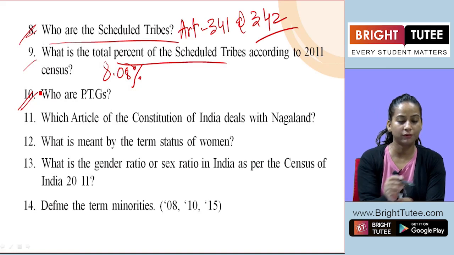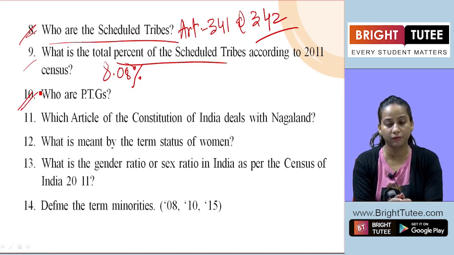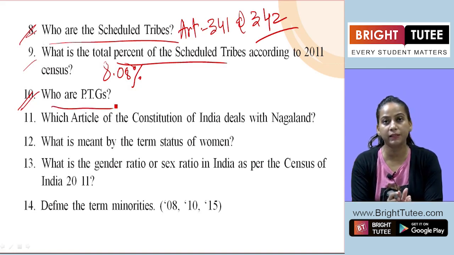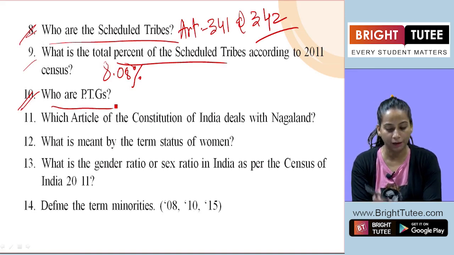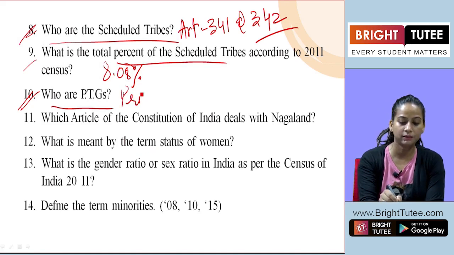Now the next question they have asked: who are PTGs? Here we have to first give the full form of this abbreviation: PTG stands for Primitive Tribal Groups.